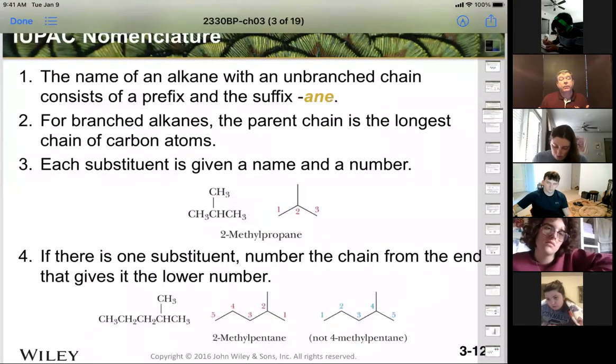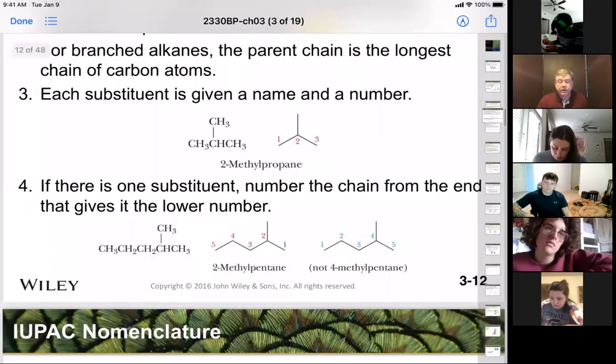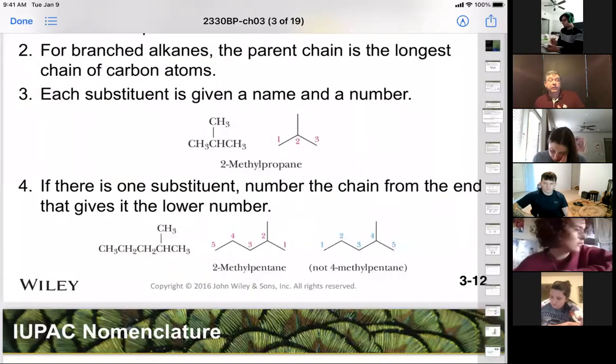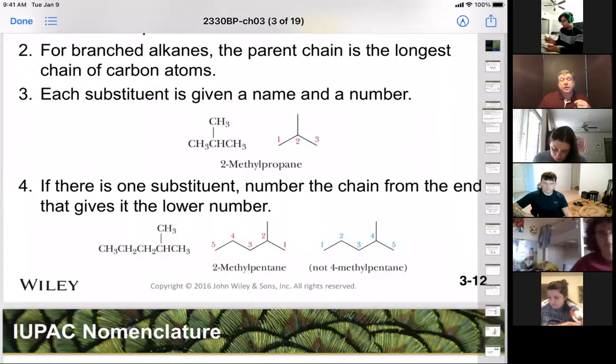In the case of a methyl group, it'd be methyl. In the case of an isopropyl, it'd be isopropyl. And we have to give it a number. So we number the parent chain from one end or the other to give us the lowest number for our first substituent.